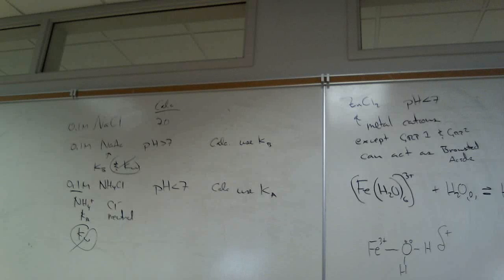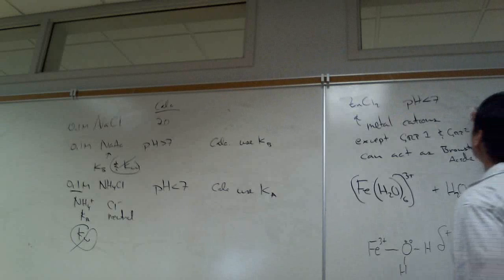If the Ka for this hexa-aqua iron 3 ion is bigger than acetic acid's Ka, then which one's a stronger acid? Iron 3. And so this iron 3 ion in water is more acidic than acetic acid at a given concentration.